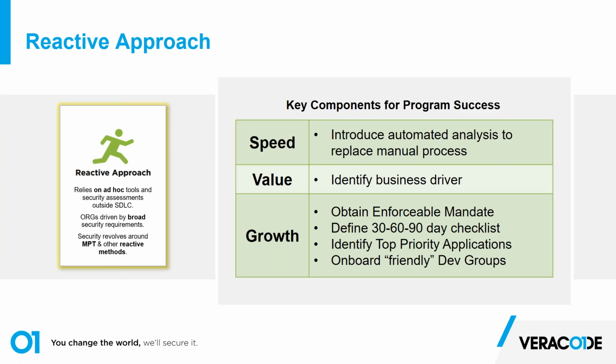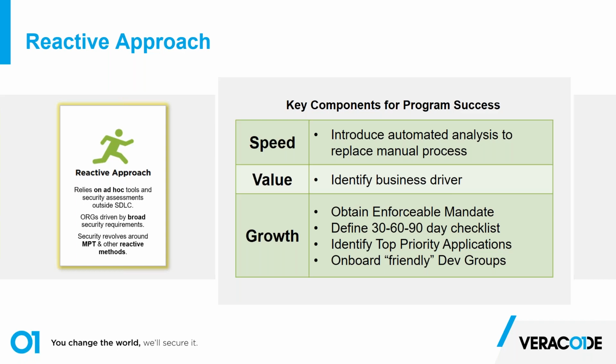Moving faster is going to be important. The cost savings from shortening the testing cycle from maybe 2 weeks to an automated scan a lot of times outweighs whatever investment in the tools and the program from the organization's perspective. So if you can show that value and identify the business driver behind it, then you're going to be set up for growth.